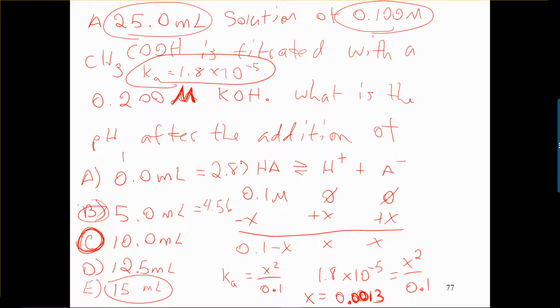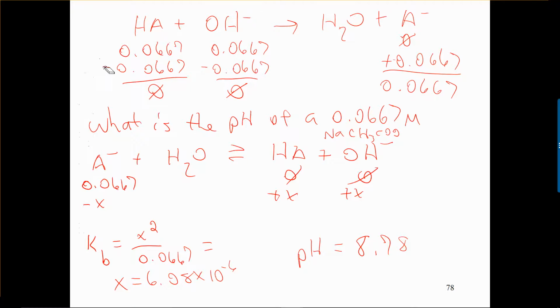Okay, 15 milliliters. No, I'm being serious. This one's easy. This is the easiest of all these scenarios. 15 milliliters. I'm going to add the 15 milliliters to the 25 milliliters. So some of you have already done it.